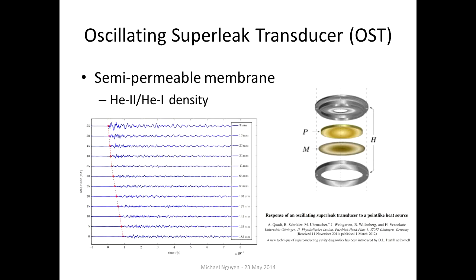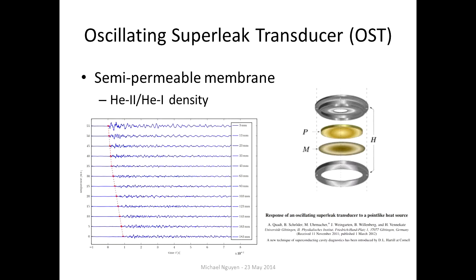An OST in general consists of a device with a semi-permeable membrane, which allows only superfluid helium through. Due to fluctuations of the superfluid helium and the normal fluid helium, the membrane will oscillate. These oscillations are brought about by something such as the second sound wave.